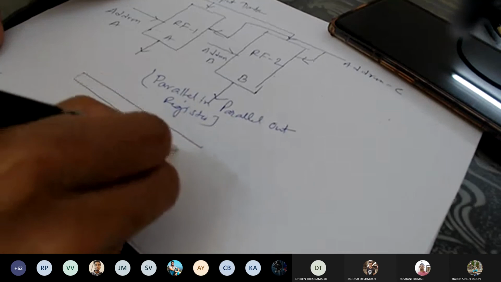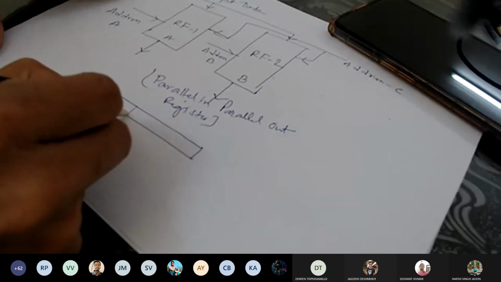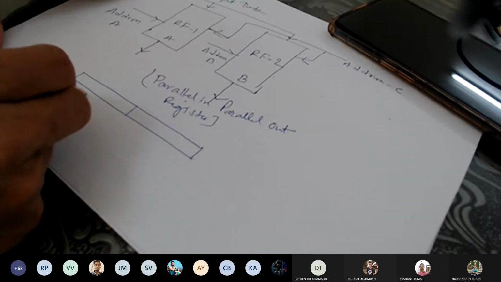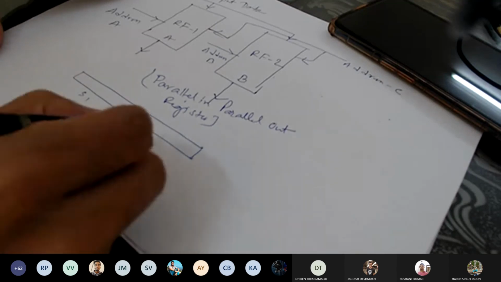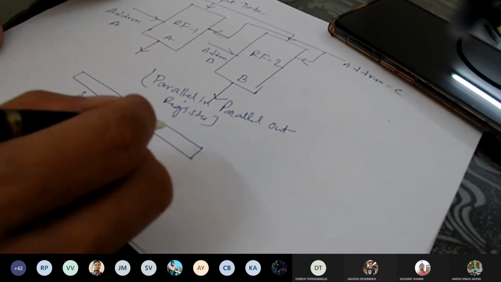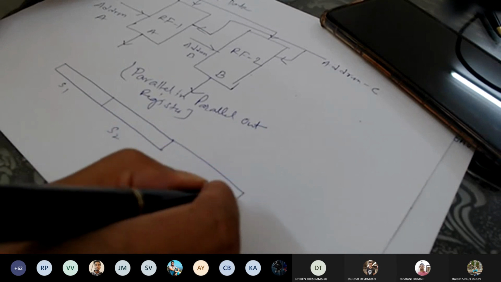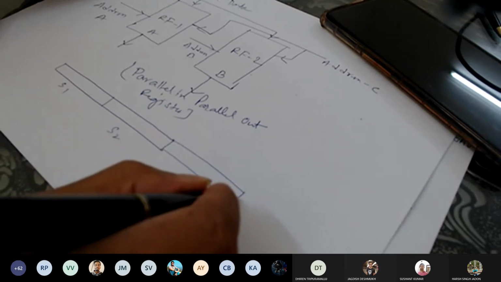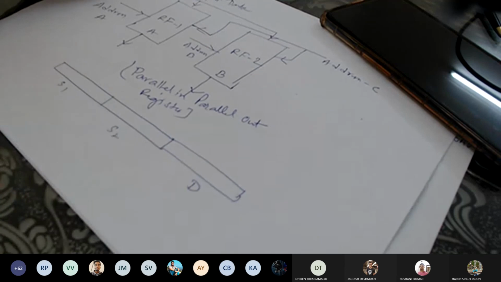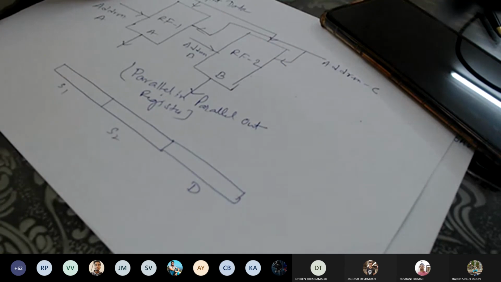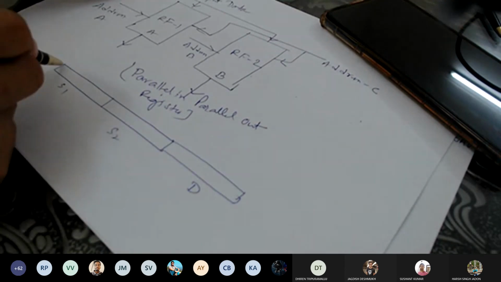Say I'll be giving 5 bits value here. This is source 1, source 2, and destination. Okay, so my commands will be something like this.